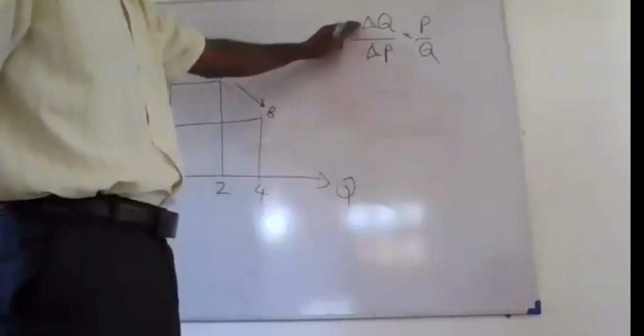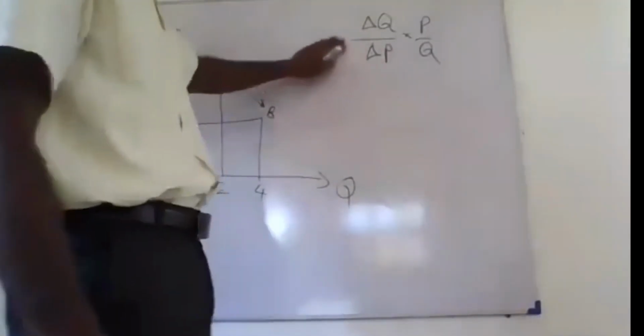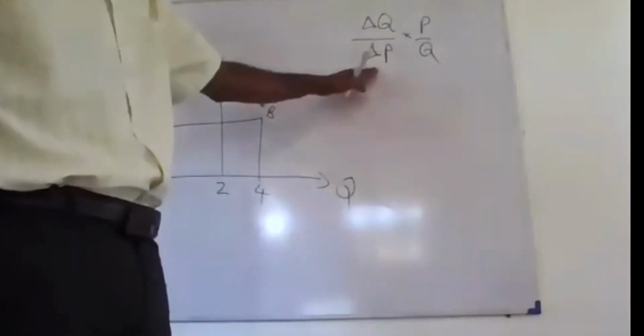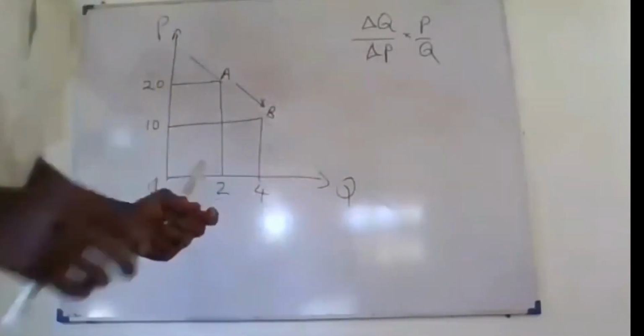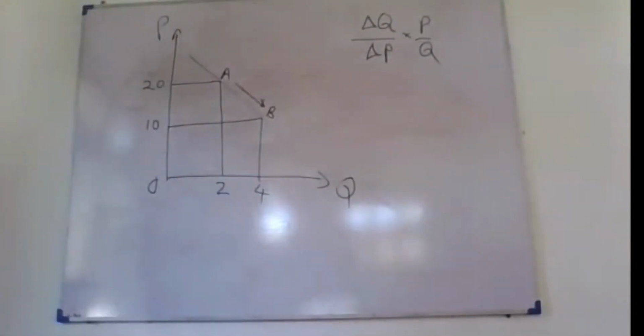Therefore, what we are going to get is the inverse of the slope, delta Q by delta P. But we understood that with the unit of measurement, when it moves from grams to kilograms and kilograms to grams, there can be different estimated values of the elasticities. Therefore, we are not going to do that, right?